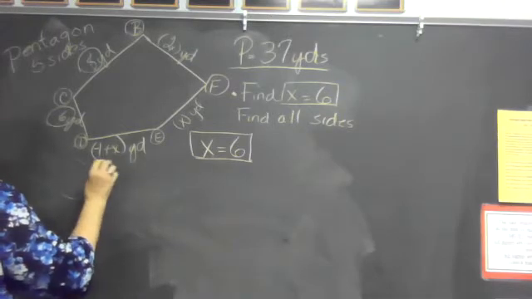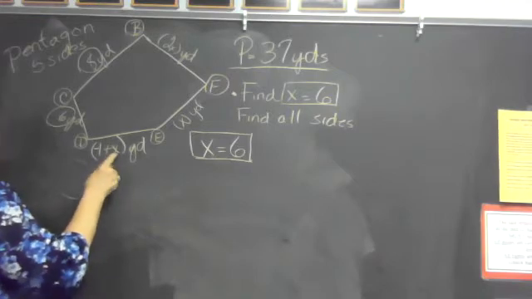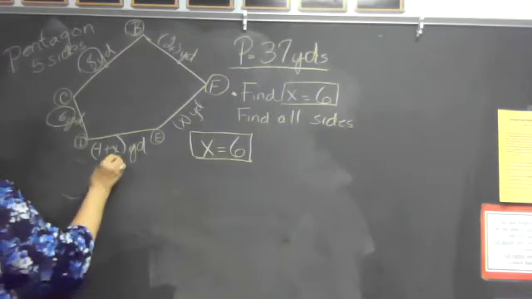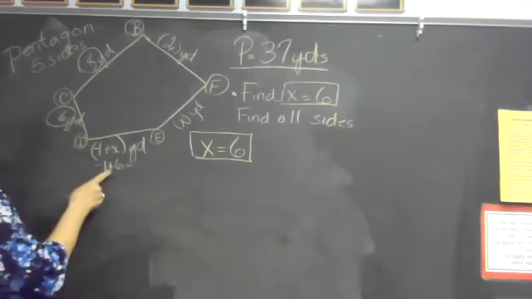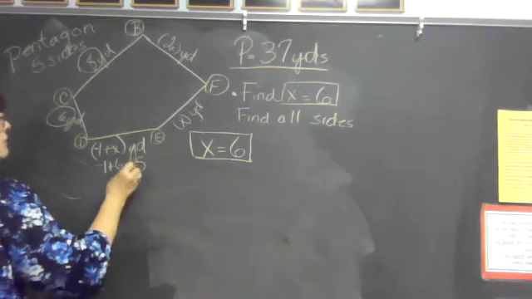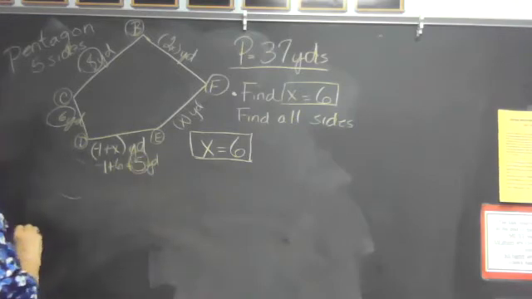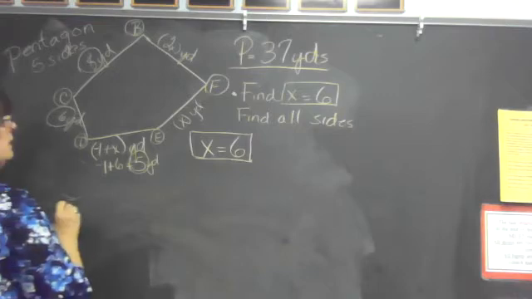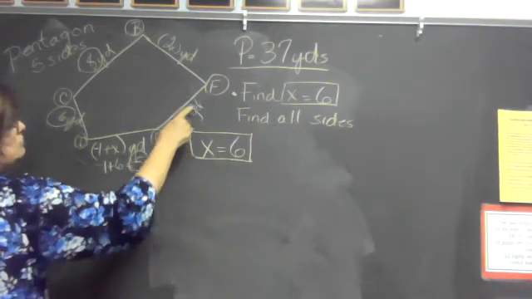And so what we do is say -1 plus, now we put the value of X in here, 6 equals, so -1 plus 6 is 5 yards. Now we know what this side is. And then we come to the next side and it says just X. This is X yards.